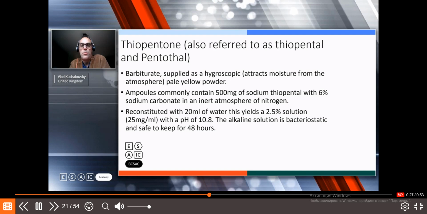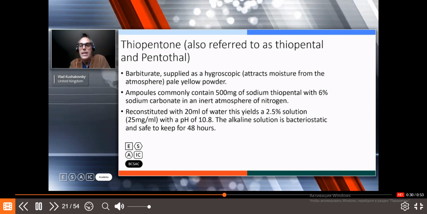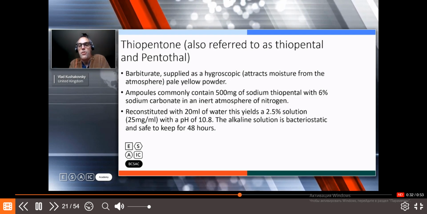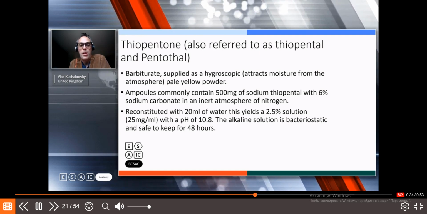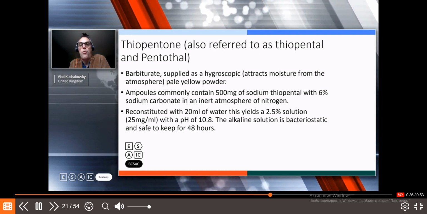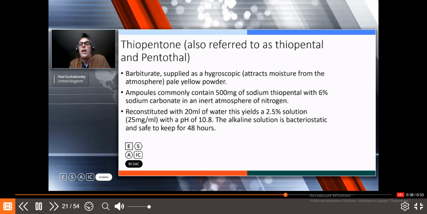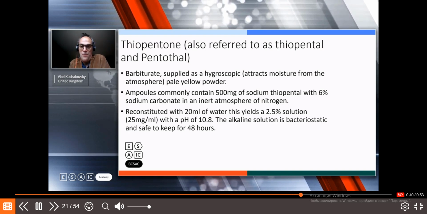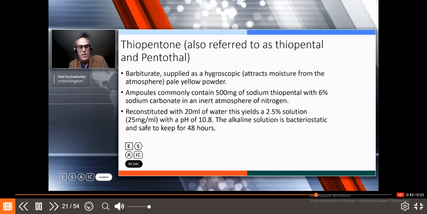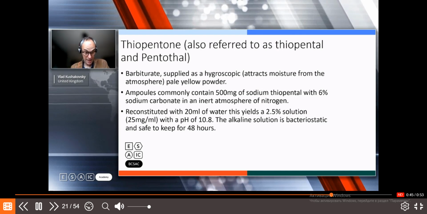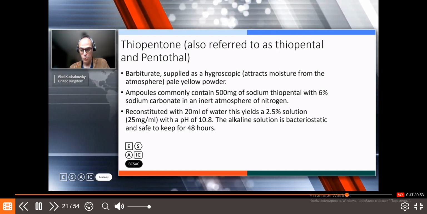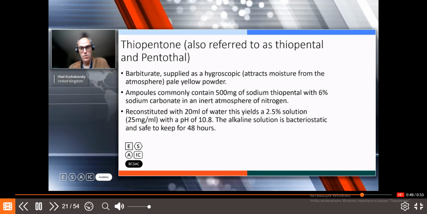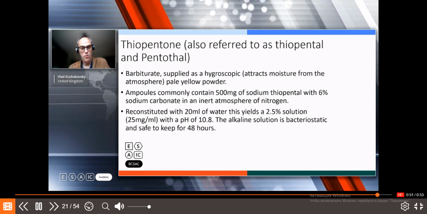It's reconstituted with 20 ml of water, which yields a 2.5% solution, 25 milligrams per ml, with a pH of 10.8. So a highly alkaline solution. And the alkaline solution is bacteriostatic and can be kept safe for up to 48 hours without risking bacterial growth.